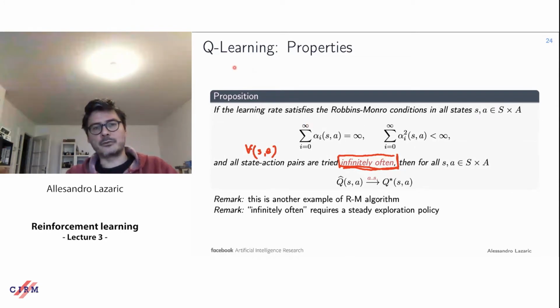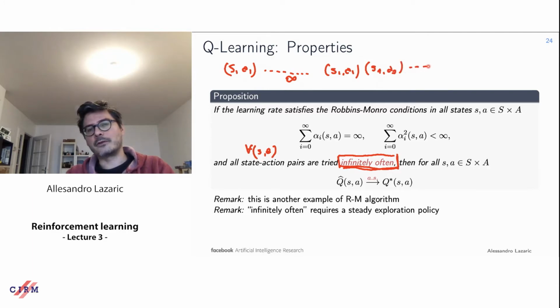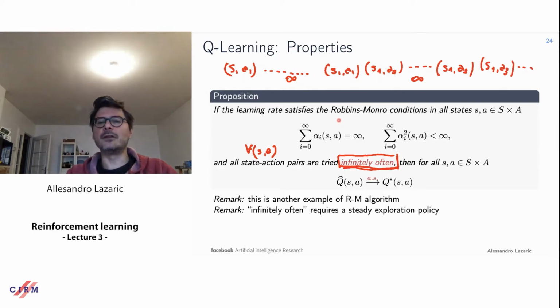Imagine that I observe S1, A1 an infinite number of times, and then I shift to S1, A2, I observe it an infinite number of times, and then I move to S1, A3, and so on and so forth. So this is not infinitely often. I observe this infinitely, but not often.